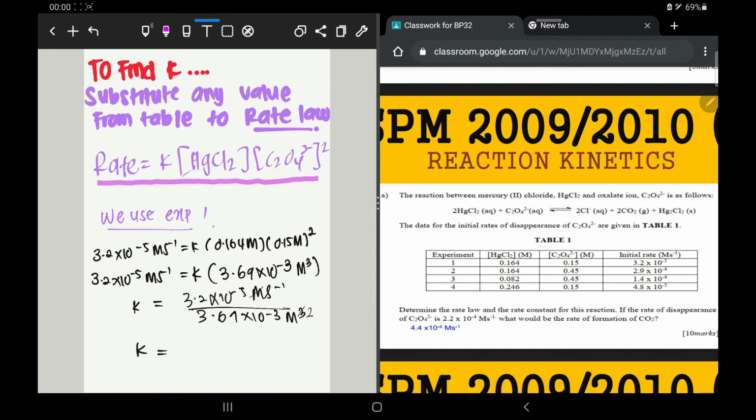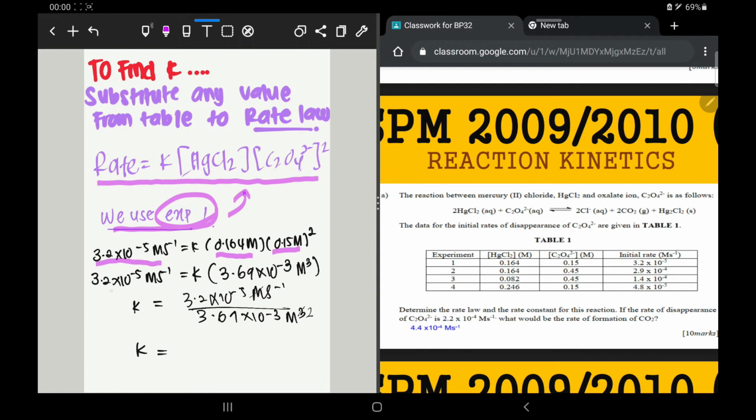In this case, I use data from experiment 1. I just substitute the data from experiment 1 into the rate law equation. Over here, I have 3.2 × 10^-5 M s^-1 equals k times 0.164 M times 0.15 M to the power of 2. Don't forget to put the unit over there.